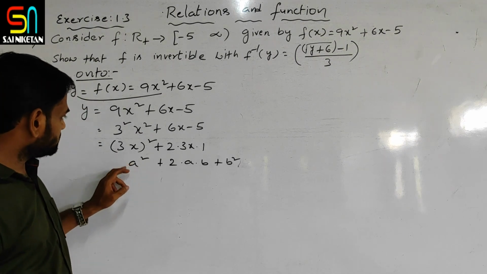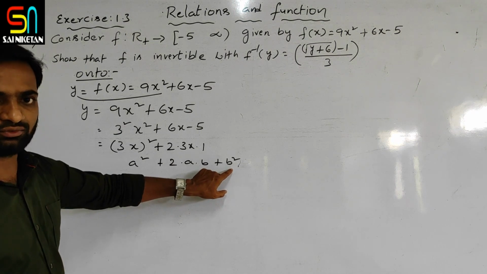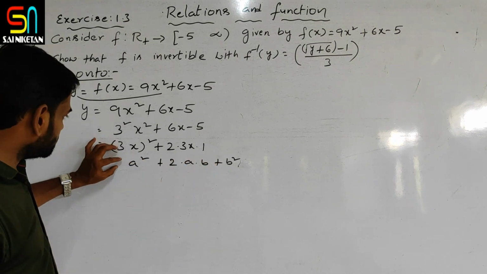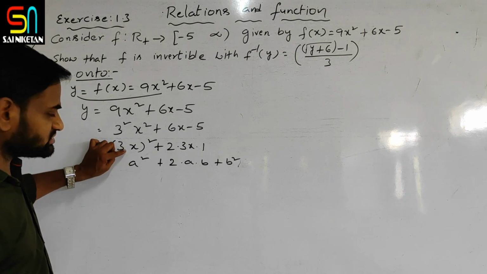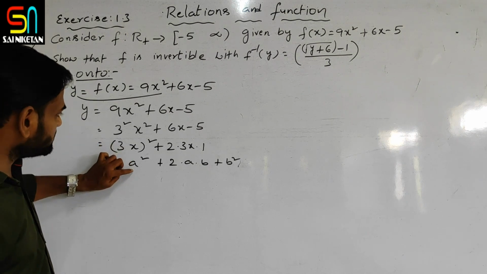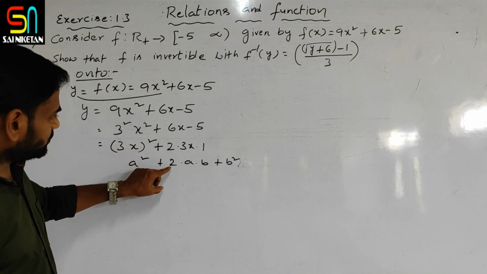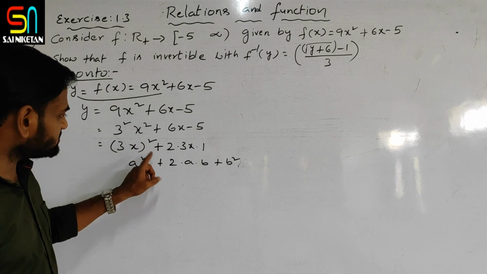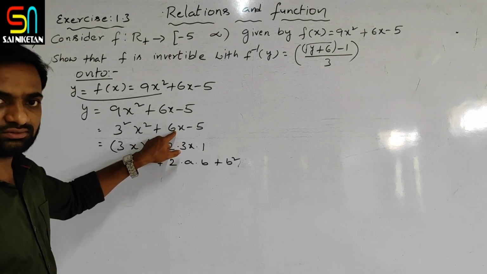See here, we have to write in the a square plus 2ab plus b square format. For that, check once here. What is a? 3x. a square is (3x) whole square. The a value is 3x. Now 2 is the same 2. 2 into 3, 6x you got.